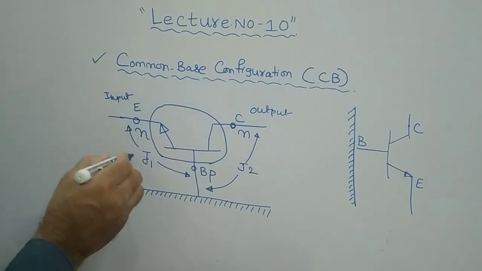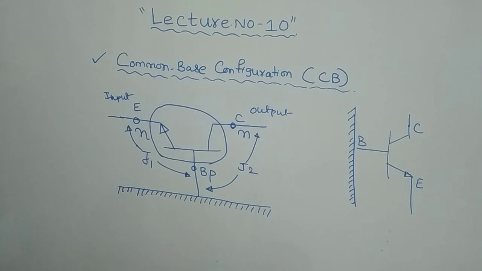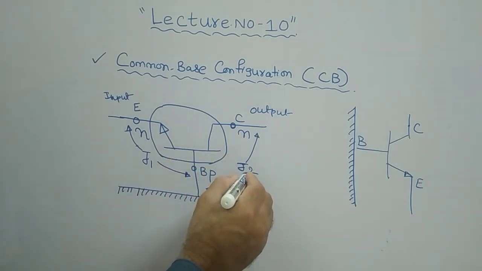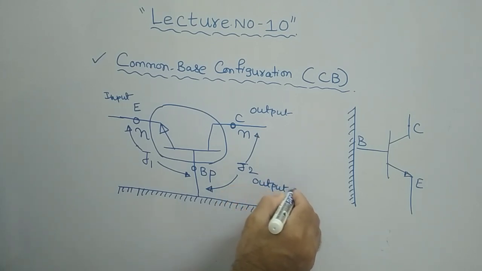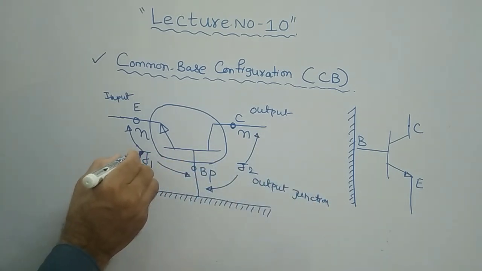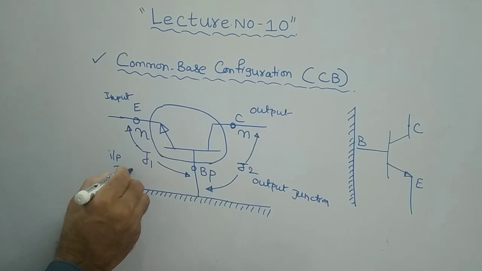J1 is our input junction and J2 is our output junction.